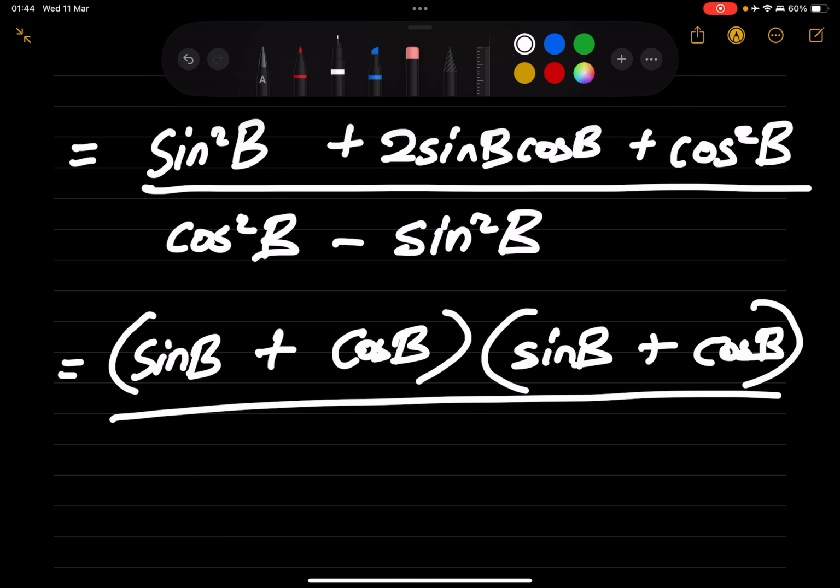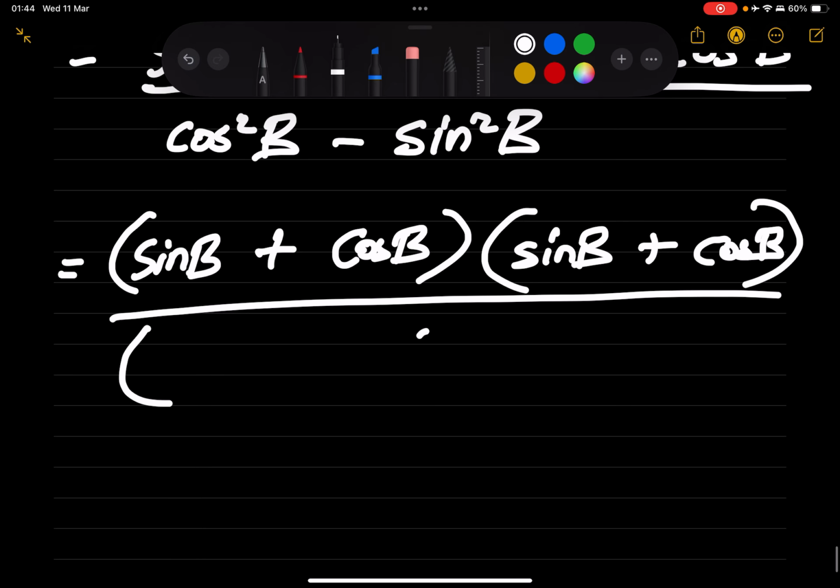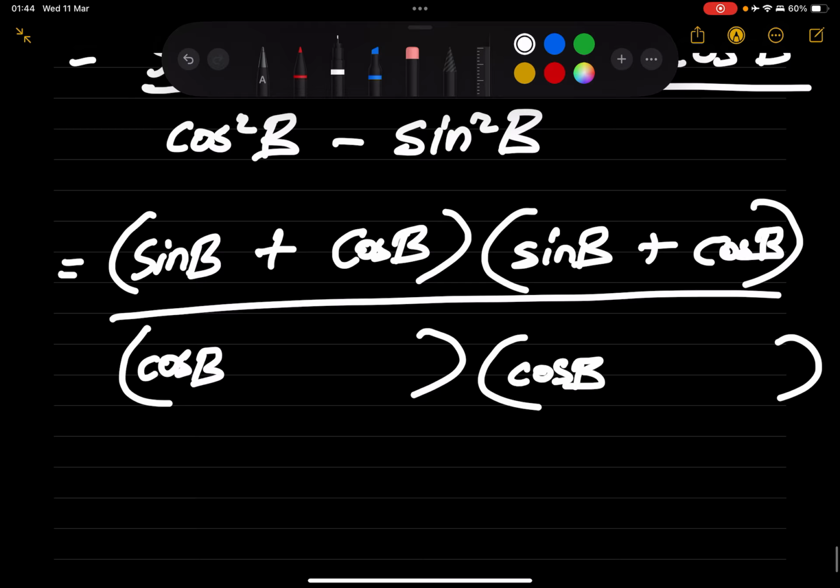Now let's go to the bottom. At the bottom, what do we see? We have a difference of 2 squares. And it's going to factorize: cos squared breaks into cos b and cos b, sine squared breaks into sine b and sine b. And then a difference of 2 squares is plus and minus.